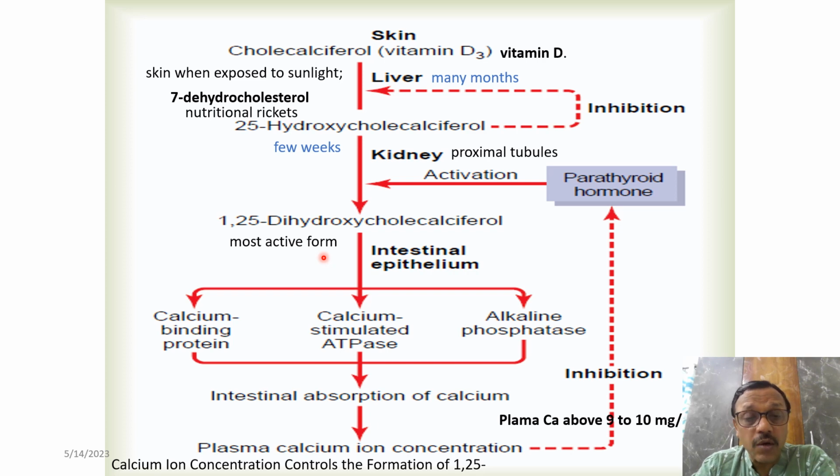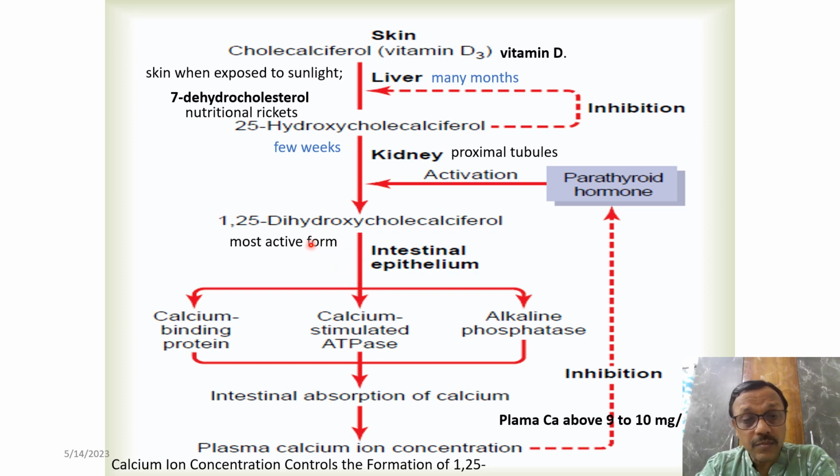Parathyroid hormone does not have a direct effect on the GIT system. Rather, parathyroid hormone stimulates the kidney for increased formation of vitamin D, and this increased amount of vitamin D will go to the intestine for the absorption of calcium.